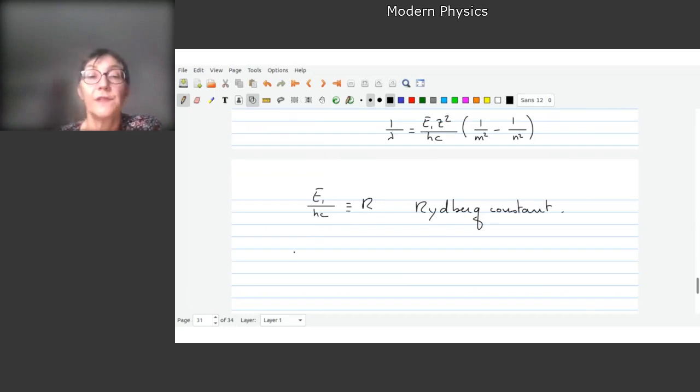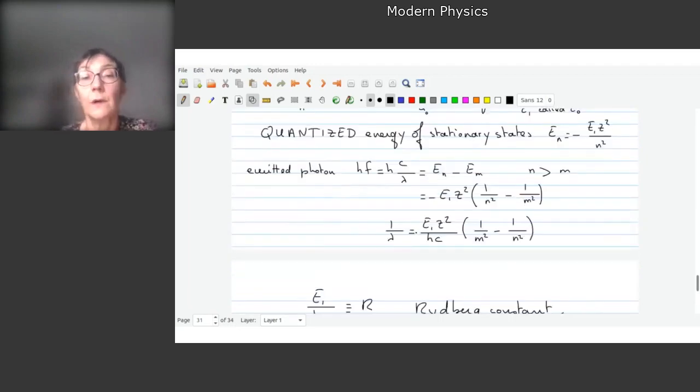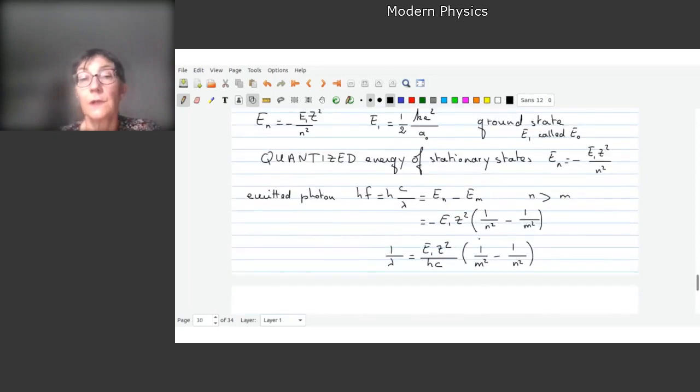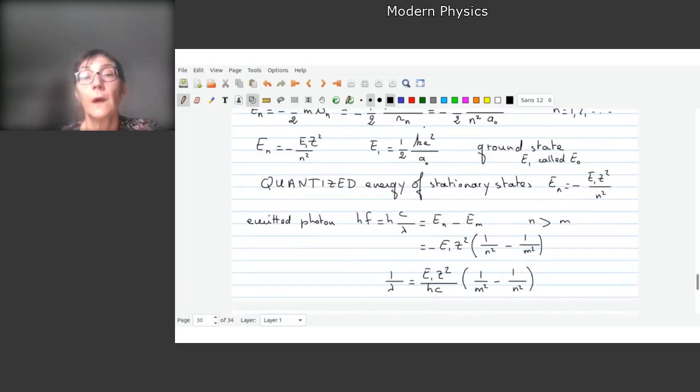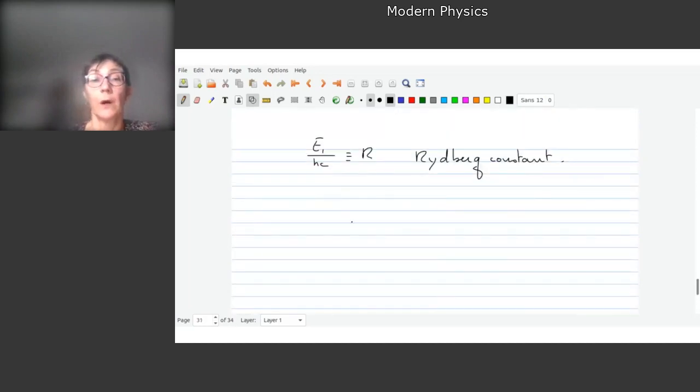Now this is not a constant found phenomenologically; we have an expression for it, because E1 has an expression as a function of the elementary charge, K and the Bohr radius.